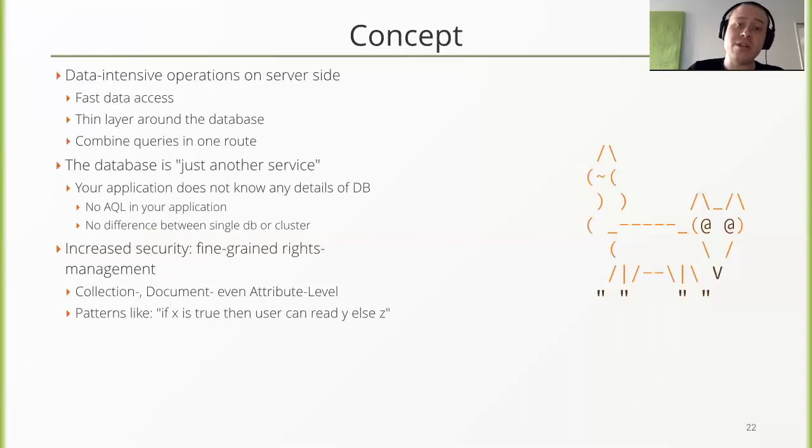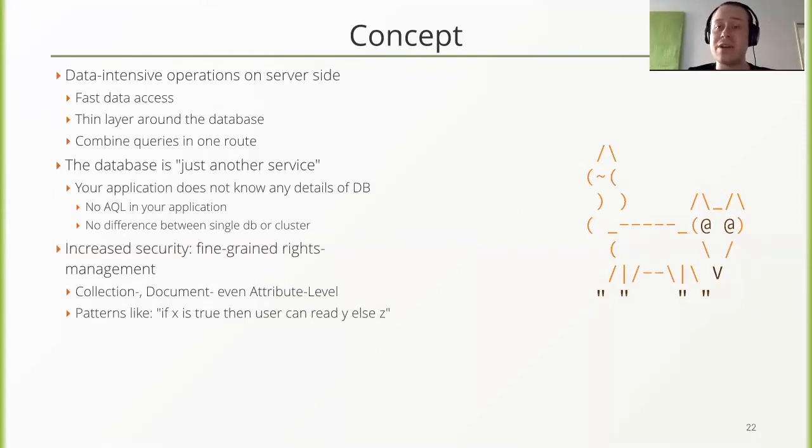So what is the general concept that we had in mind? First of all, the idea was to have data-intensive operations on the server side. So we do not want to have the full business logic that does super heavy computation inside the database, but we want to have everything that just does some data operations, some data aggregations, probably several queries, transactions, and so on.